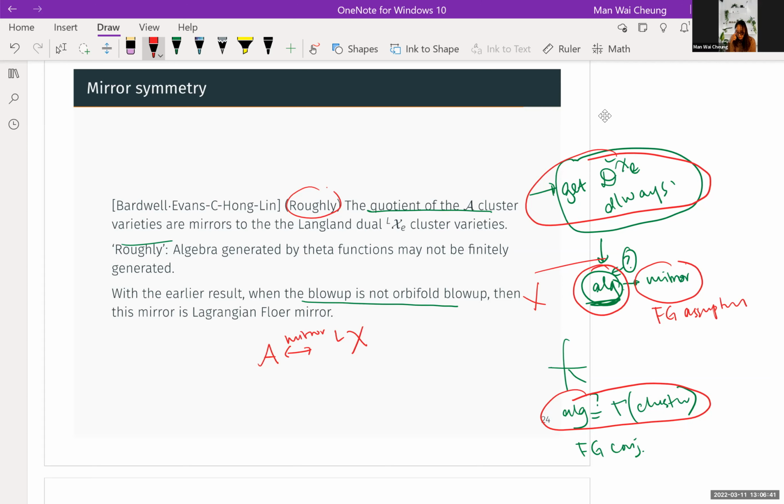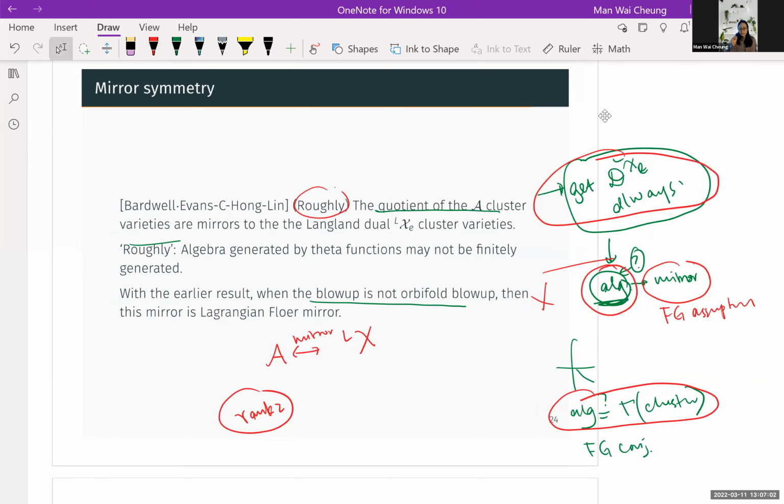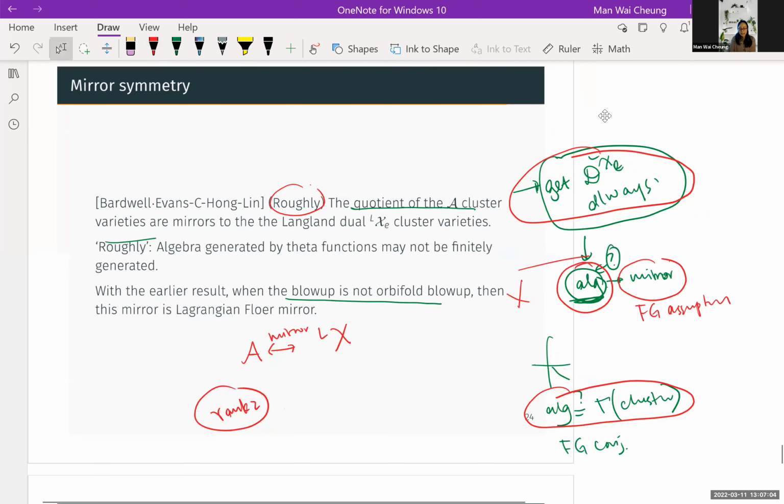Yeah. The thing is, I'm a bit hesitant to use the term precise or not, because they are looking at cluster varieties, and what we do is we nail down to the rank 2 case. But what we have in rank 2 is not as usual the cluster variety, but we look at the quotient of it.